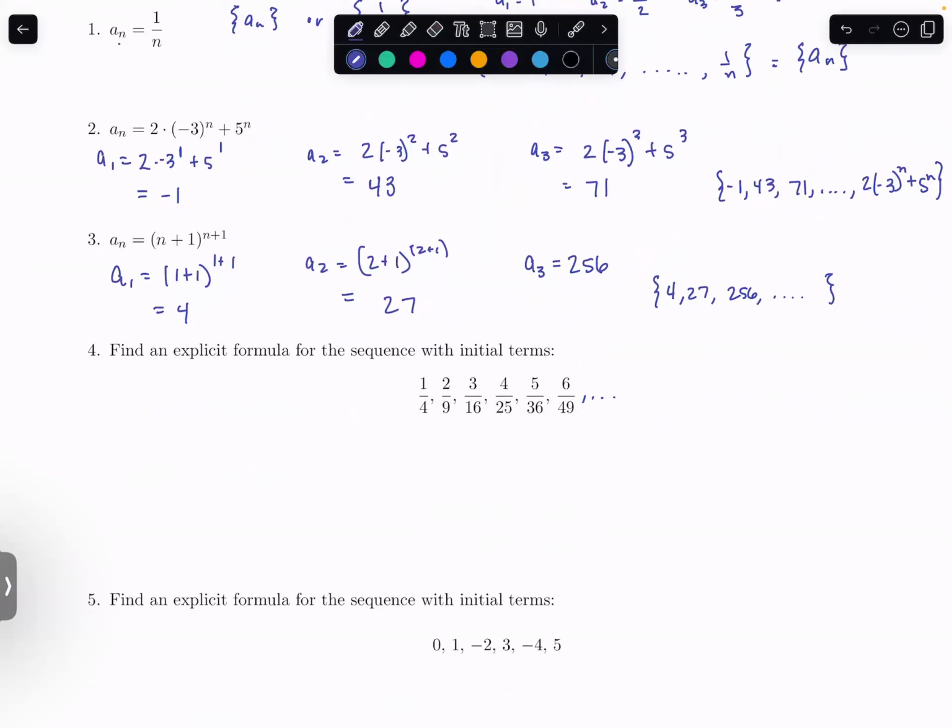The way I'm looking at this, these are counting n's, and these are n plus 1's squared. So 2 squared, 3 squared, 4 squared, 5 squared, 6 squared. So this sequence is defined like this: n over n plus 1 squared, for n greater than or equal to 1.